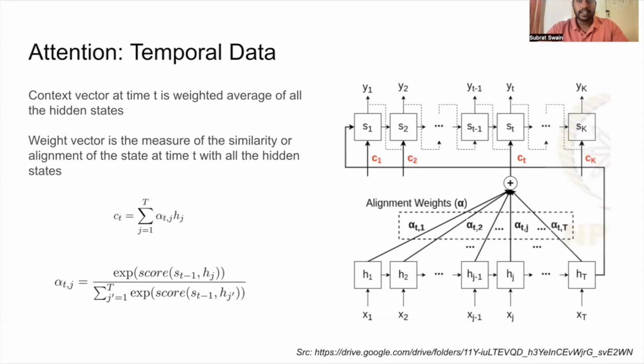Let's say C_t. C_t is a summation of alpha_tj and h_j.